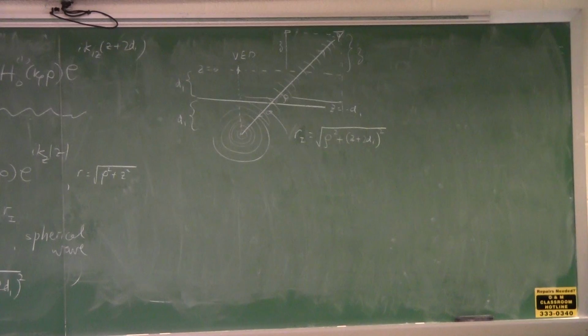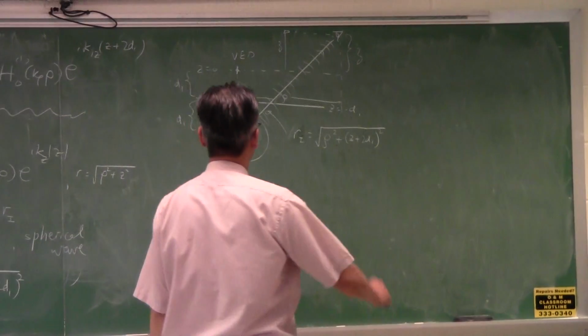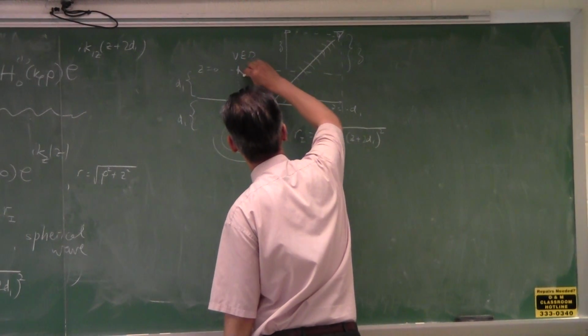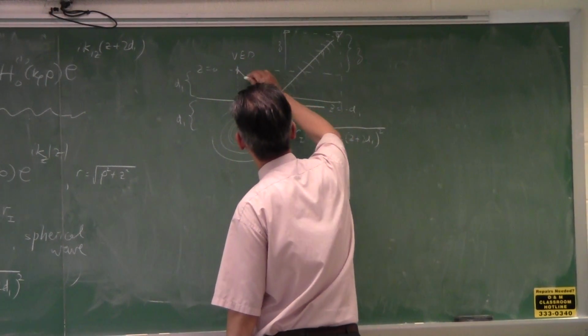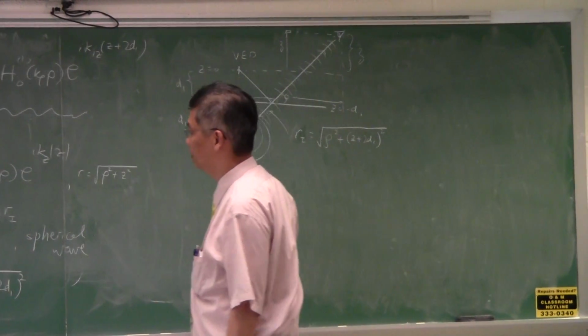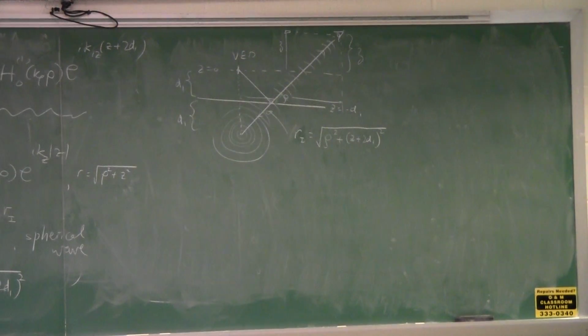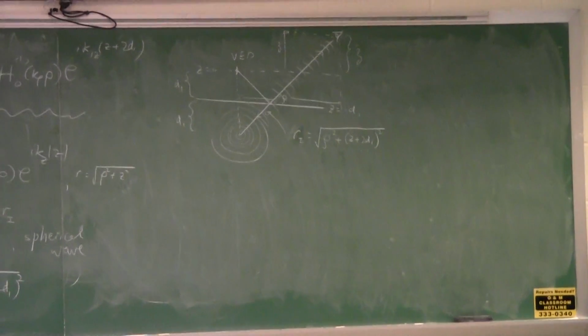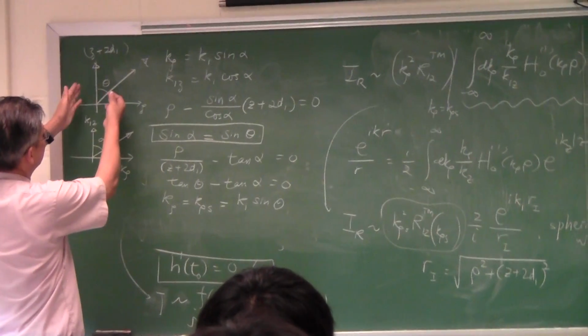This coefficient here is the reflection coefficient of a wave that is incident at this angle. Okay, I can look at this angle. k rho s is given by sine theta, and that theta is actually this theta.